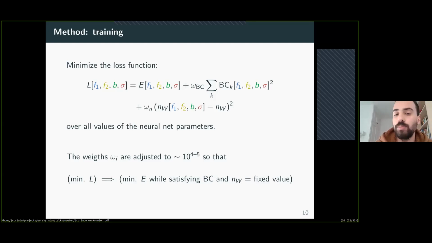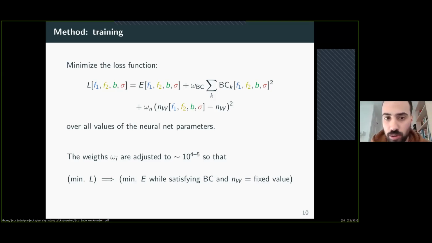We want to be able to fix it to whatever value we like, and we do so by including this extra term in the loss function. If we make these two weights, these omegas, large enough, minimizing L will amount to minimizing E while making these two extra terms 0. This is exactly what we would like to have.